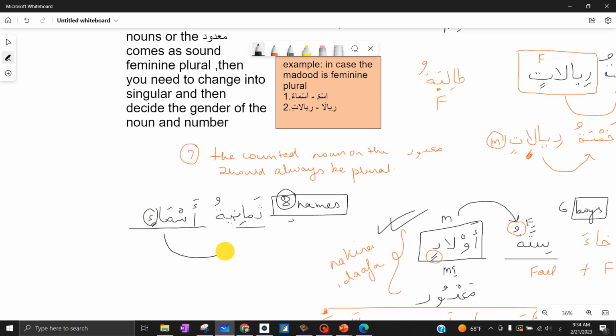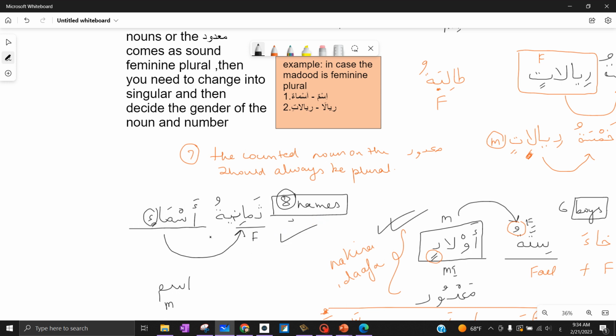Know that the gender of the number should be opposite, but here also the number is feminine. Go back and see the singular form is ism, this is a male noun, so our number should be feminine, so this one is correct.